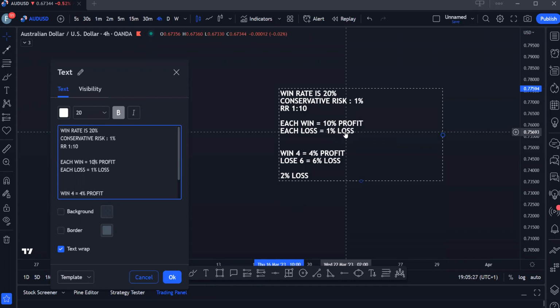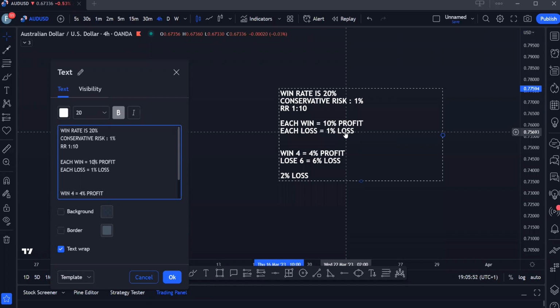That one time you get it right will cover up for all the losses. It helps with your psychology and helps you follow your plan, so that even though you are currently experiencing losses, you know you just need to win 1 or 2 trades to be in profit. So it helps you stick to your plan.